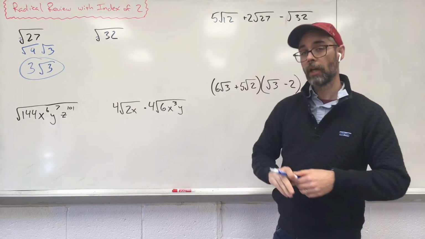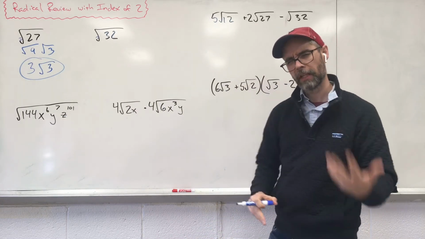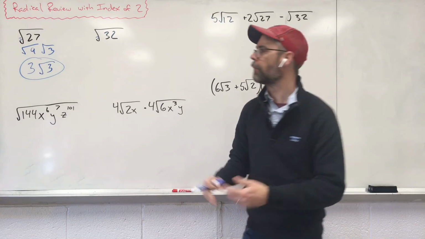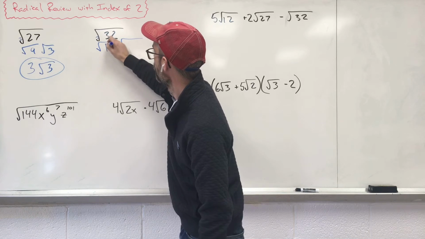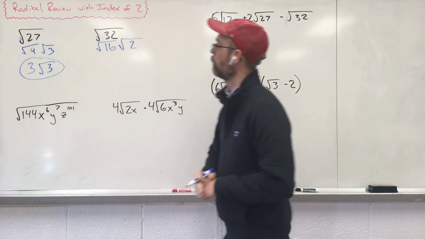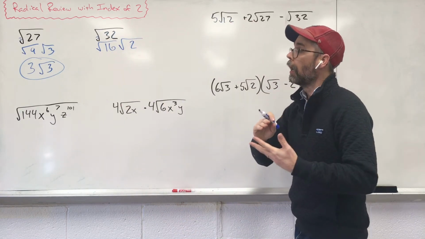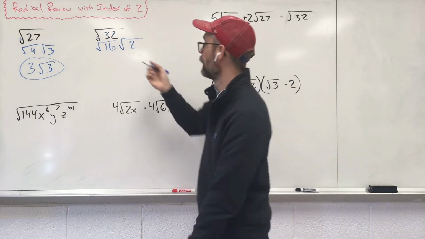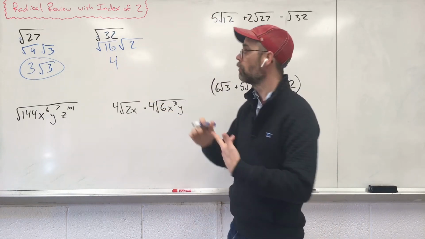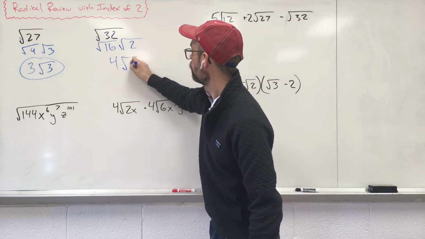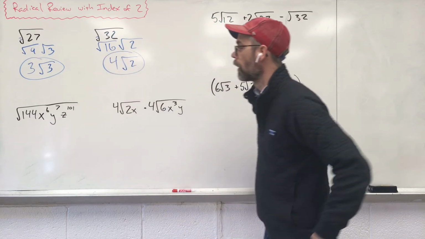So 32 is not a perfect square, but we can break it up into two numbers where one of them is. Those two numbers, we could say 16 times 2. The square root of 16 is going to give us 4. Square root of 2, we can't do, so we leave it, and it stays inside.